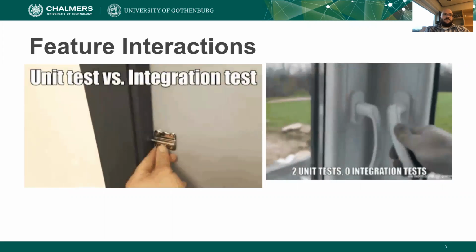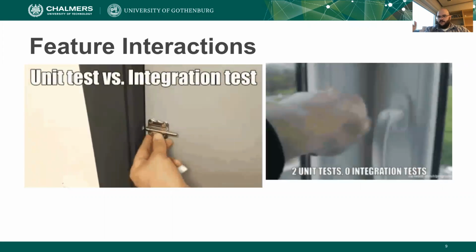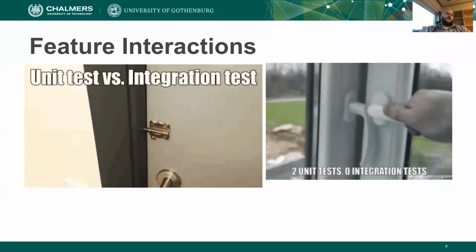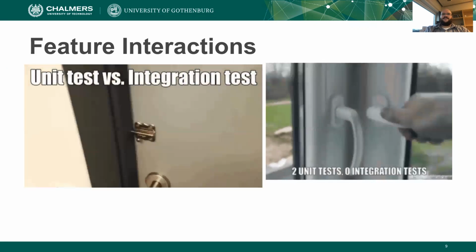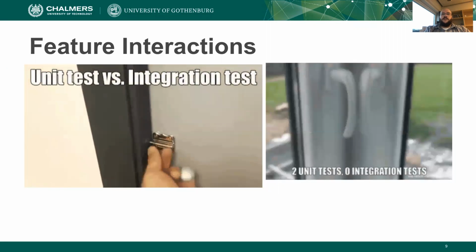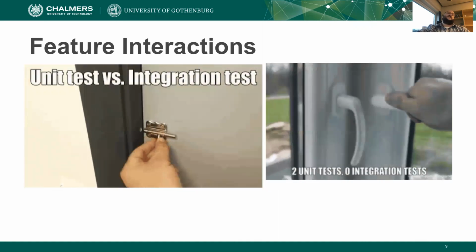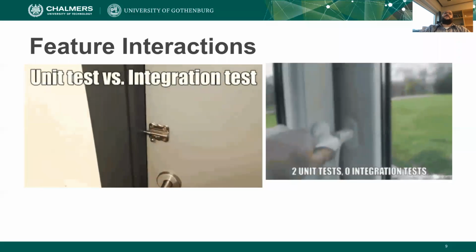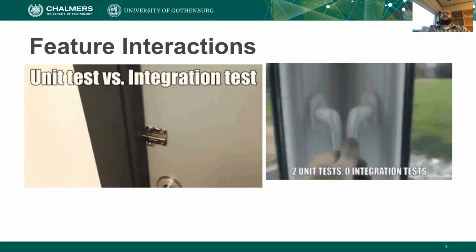And that illustrates why unit testing is critically important. It's important that each of these features works really well on its own, but it also illustrates why interaction or integration testing is so important. Unit testing will completely miss how these features interact, whereas integration testing will detect these problems. And these examples show us the breadth of possible feature interactions.